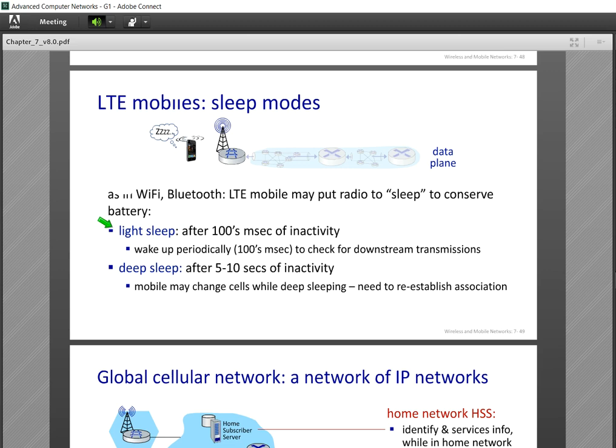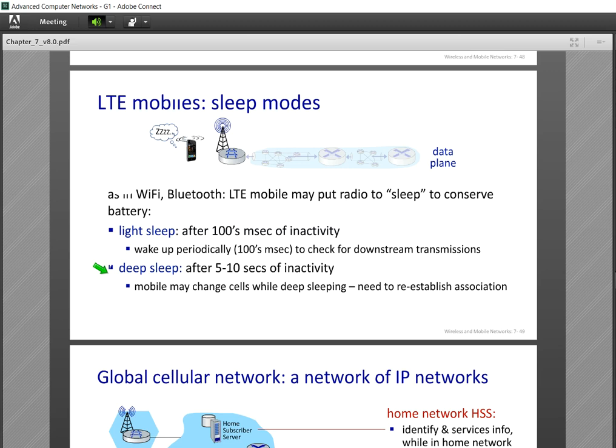The second sleep strategy is deep sleep. In deep sleep, my device will go to sleep for 5 to 10 seconds. That is great.